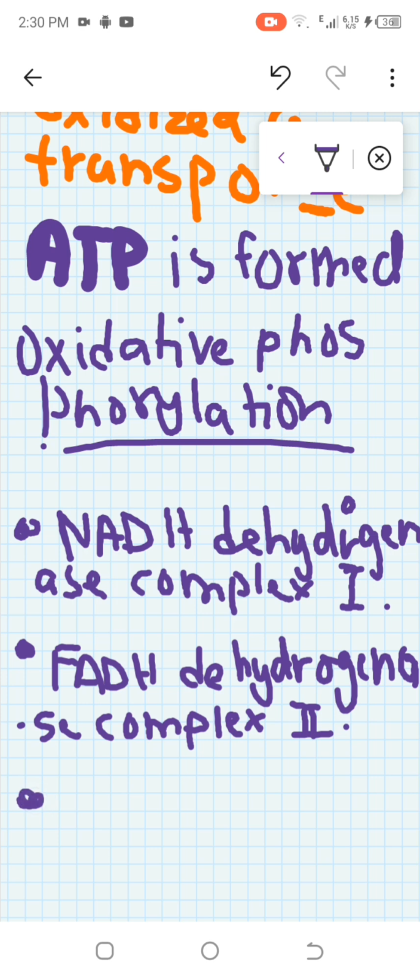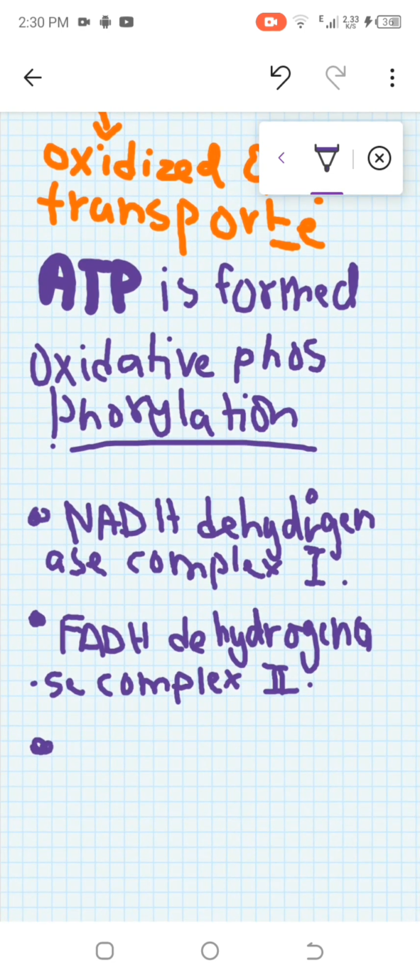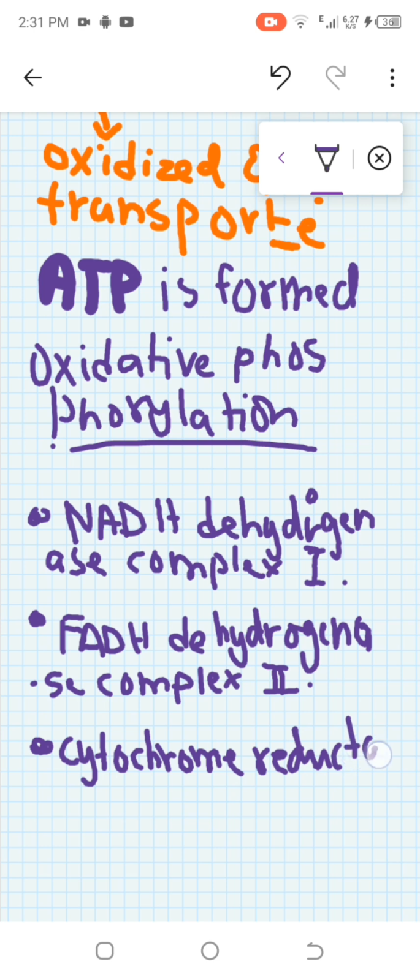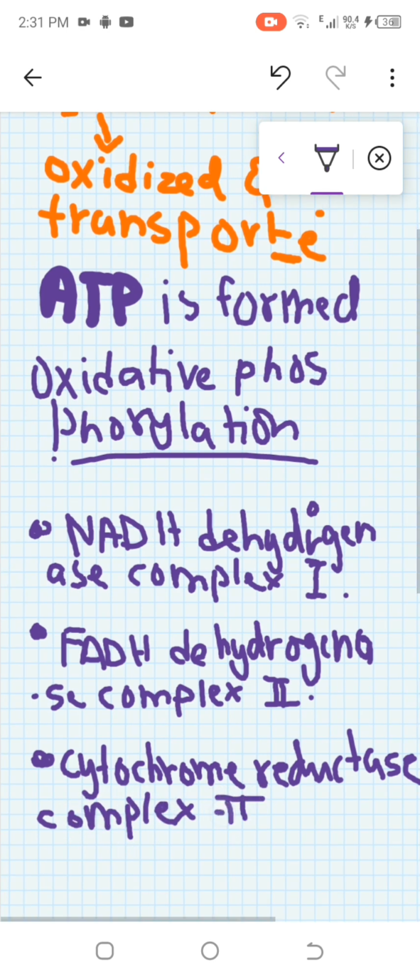The third is cytochrome reductase complex 3. The fourth is cytochrome oxidase complex 4.